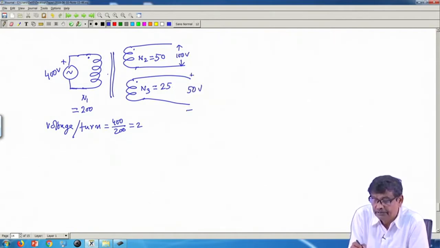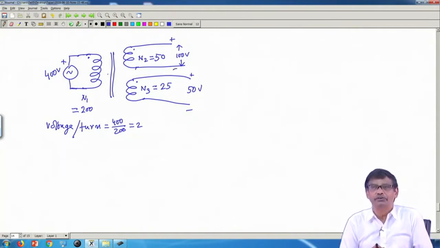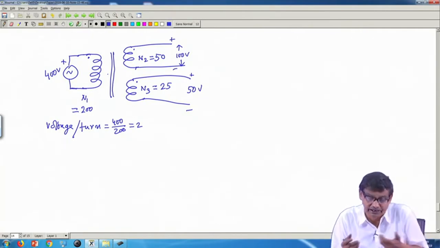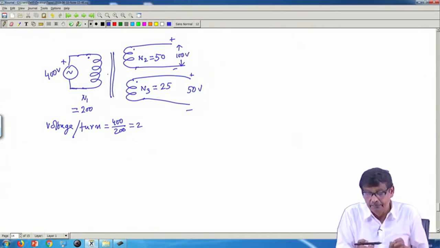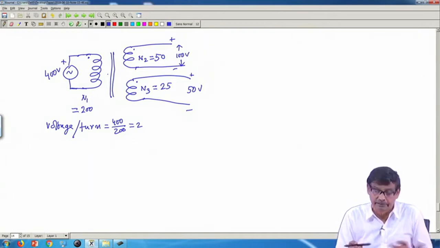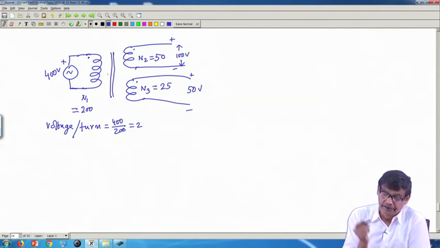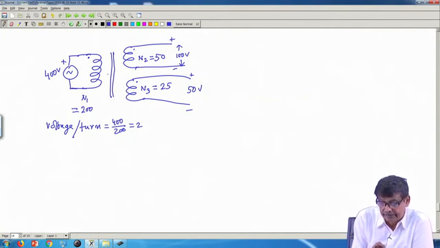Are you with me? So, voltage per turn is a very useful concept in transformers, that remains the same in several coupled coils. Therefore, suppose the problem is like this: N1 is 200 turns, 400 volt is the applied voltage, 50 hertz.